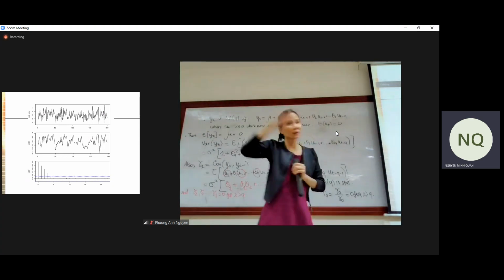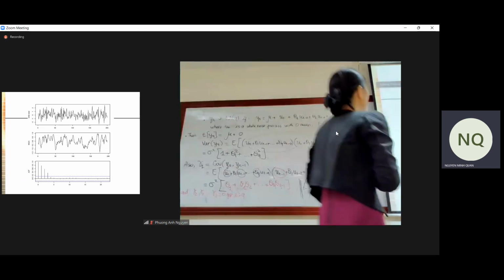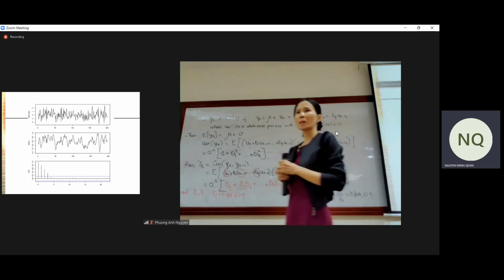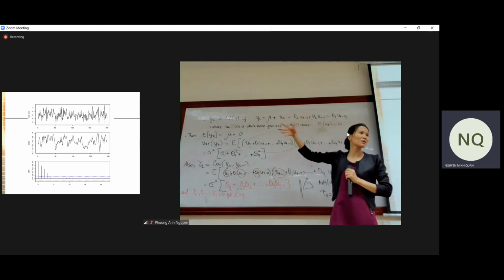You see that for the white noise, actually it changes values quite a lot, right? But the second series, the MA series, is somehow smooth, right? That's the feeling you have. Do you have this feeling or not? The first one fluctuates quite a lot, but the second one looks smoother in comparison. This is a linear combination of the last values.